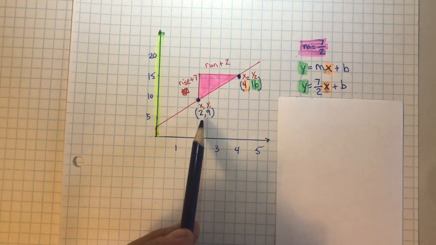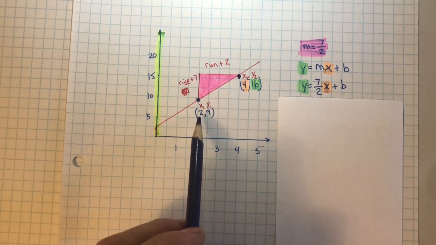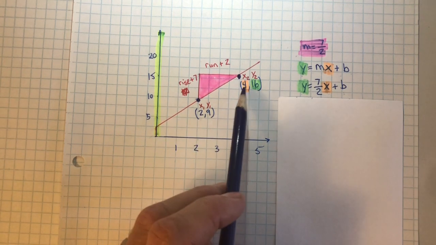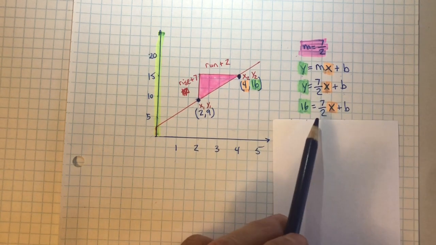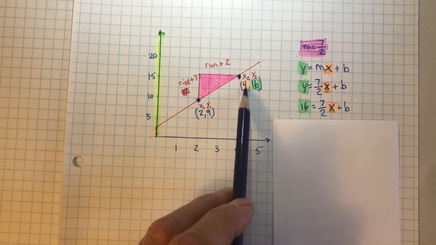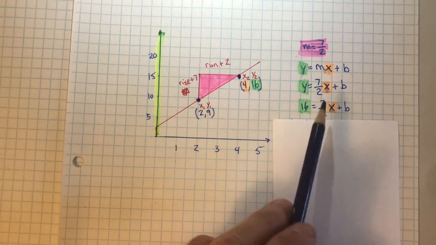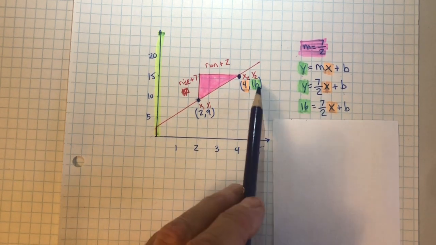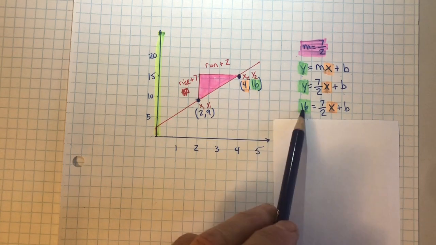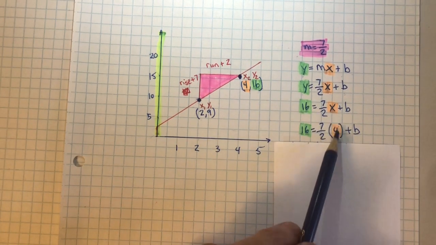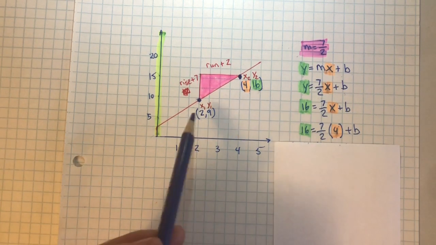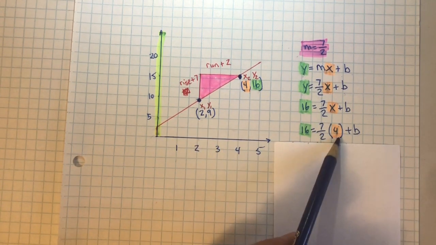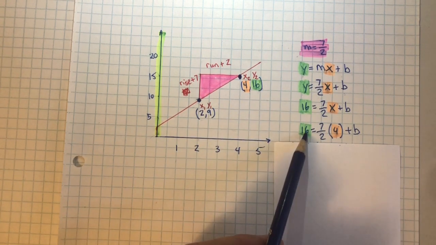I can use either of these points; it doesn't matter which one I plug in. So I'm going to plug in x is 4 and y is 16. I could have used 2 for x and 9 for y, and I would have ended up with the same result.